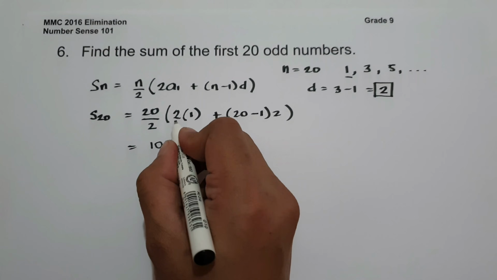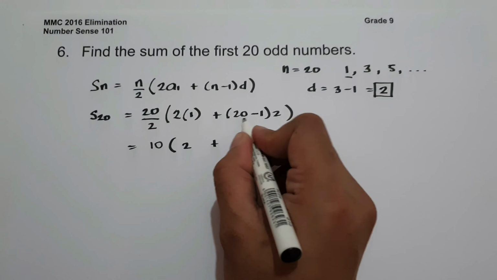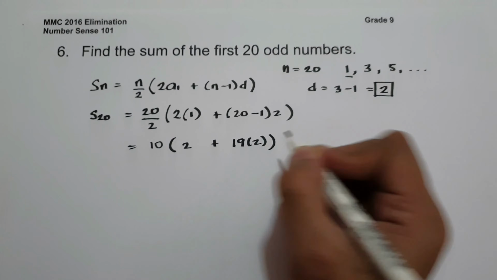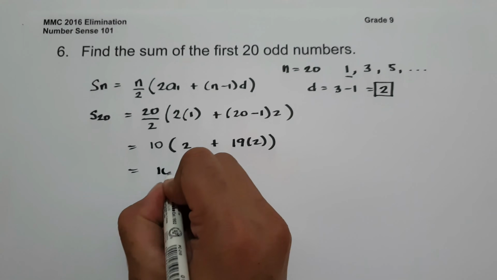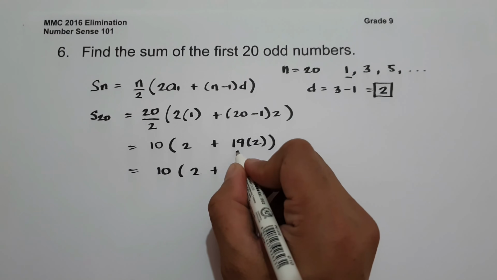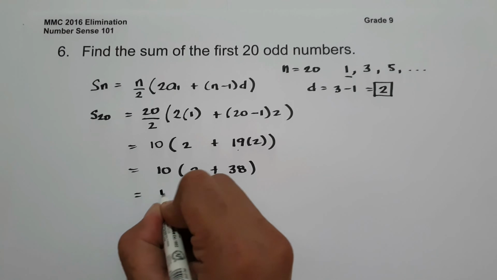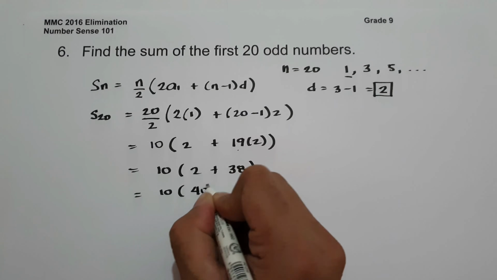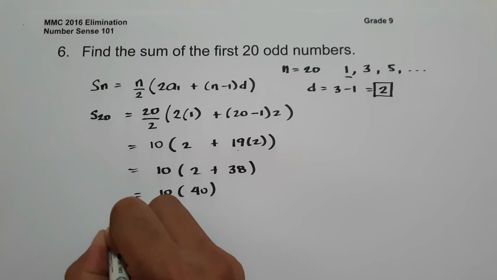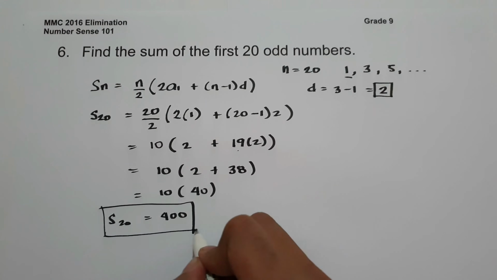Then 2 multiplied by 1 is 2. Then 20 minus 1 is 19 times 2. Then we have 10 multiplied by the quantity of 2 plus 19 multiplied by 2, that is 38. And 38 plus 2 is 40. And 40 multiplied by 10 is 400. So this will be the sum of the first 20 odd numbers, and this will be our answer.